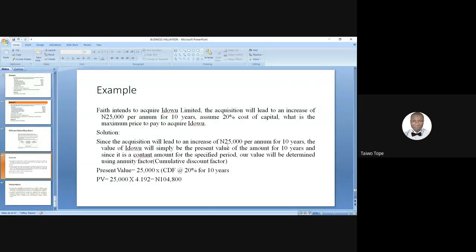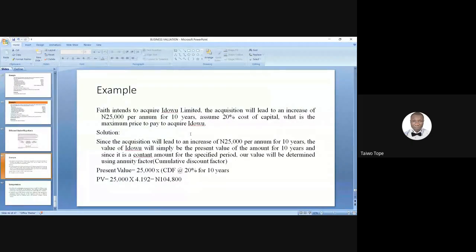So the point is, we're trying to see how much faith will pay now, considering that there will be a constant inflow of 25,000 naira over 10 years.